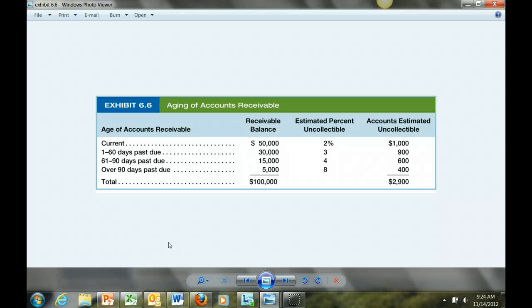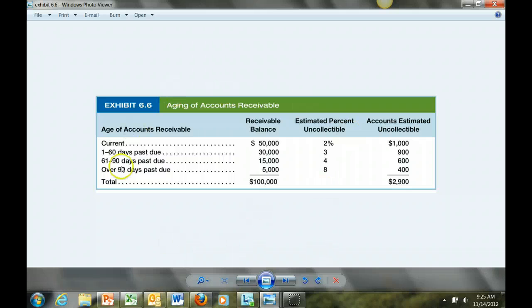Now let's shift our attention to accounts receivable. In this particular case, we're shifting from the income statement, which dealt with revenue recognition and expenses, and now we take a look at a balance sheet item. So accounts receivable are shown on the balance sheet.